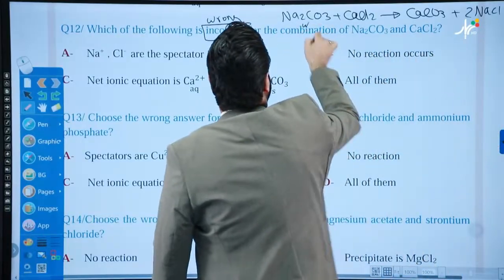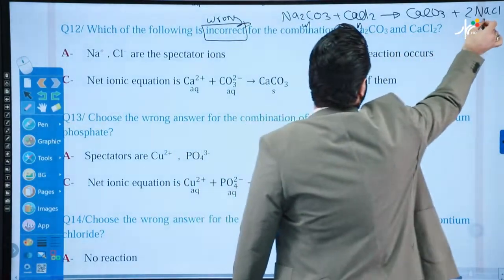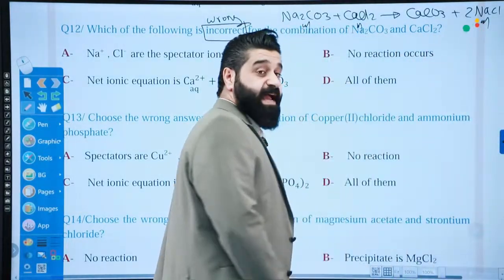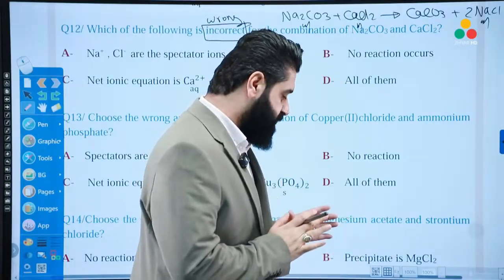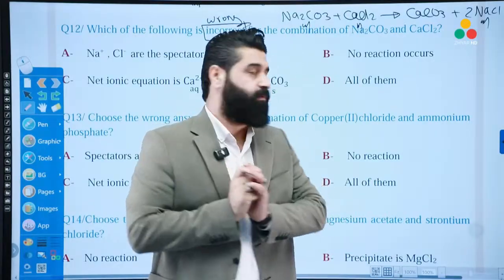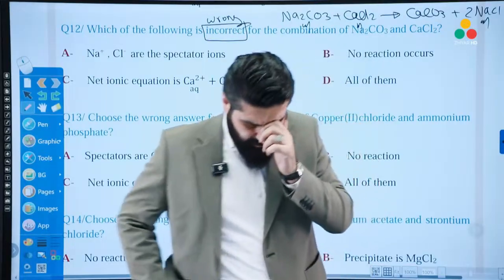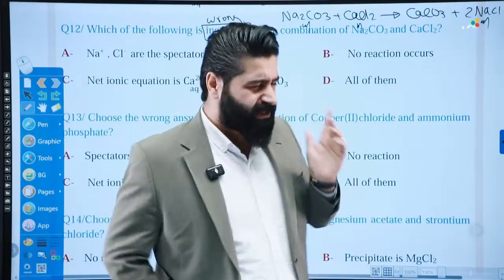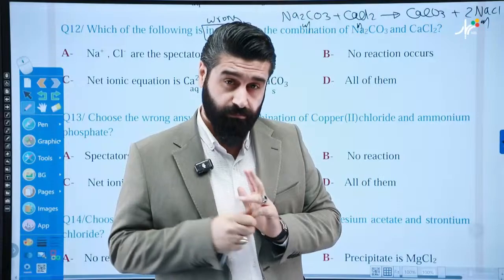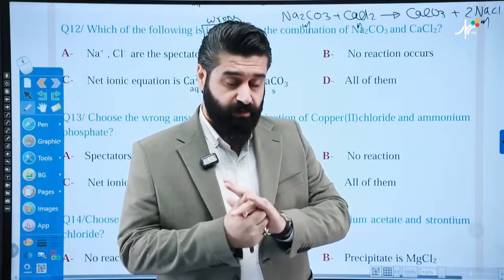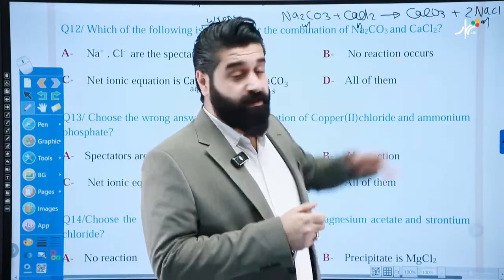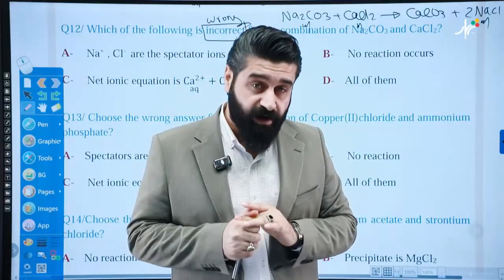Okay? AQ. This is AQ because it contains Na. Na-containing compounds are always water soluble. How about CaCO3? According to the rules of solubility and precipitation, look, there's no Cl. Leave the first rule. Neglect that one. It's not a sulfate, not even sulfide.